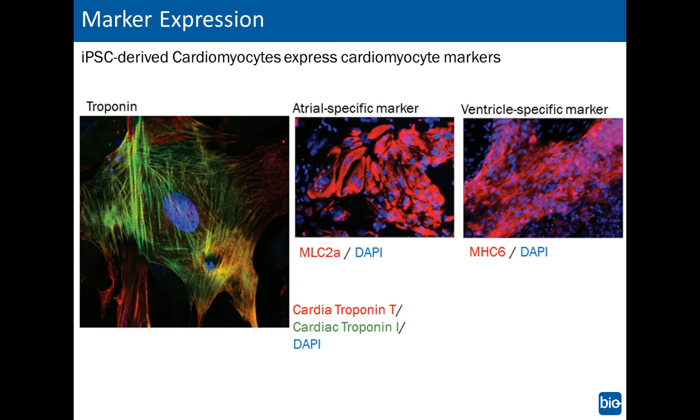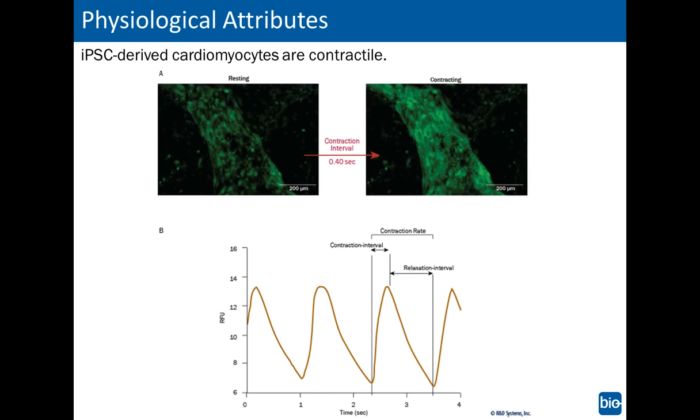So for marker expression, after we've differentiated iPS-derived cardiomyocytes, we're validating them for expression of cardiomyocyte markers such as troponin, but also looking at times at cardiomyocyte subspecific markers such as atrial and ventricular markers. We also look at physiological attributes. Like I said before, beat rate's a pretty obvious one, and we have some great videos on our website of beating cardiomyocytes produced with the cardiomyocyte differentiation kit.